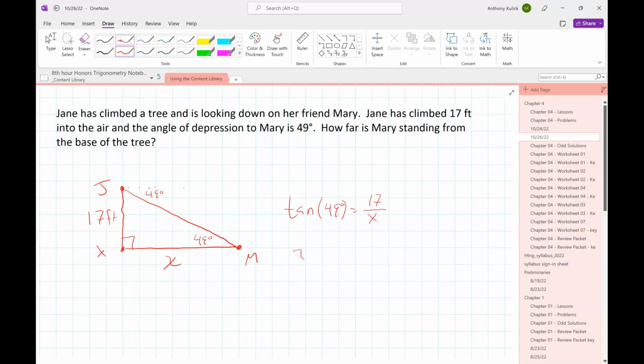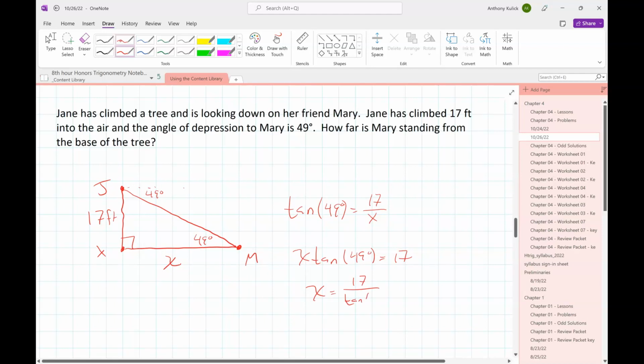Multiply both sides by x. Good. Get rid of that fraction for starters. Don't divide by 17. You'll probably end up trying to tell me 1 over x is equal to 49 divided by 17 and just say that's my answer. Or just divide by 17 and forget about the 1 over. More likely even. Then we'll divide by tan 49. And then it's calculator time, right?